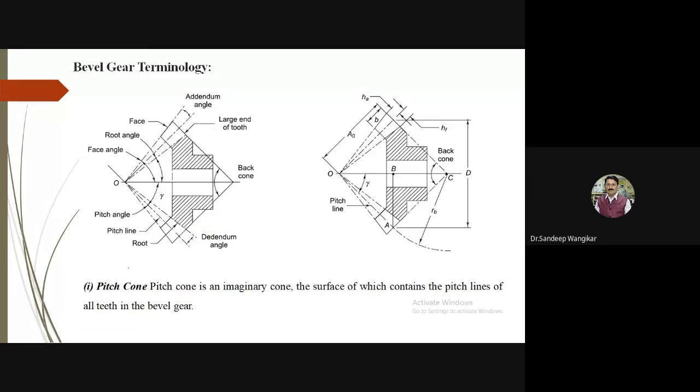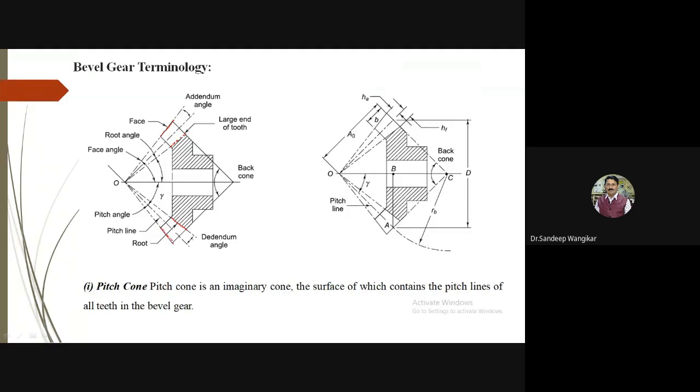By now you have an idea. I will highlight here what you can call the face. I have given you the idea from the 3D diagram, and here this is the root, and this is the face.